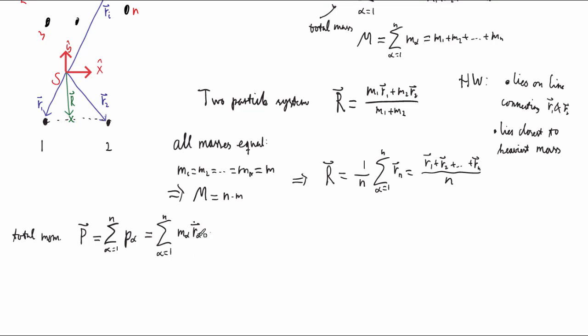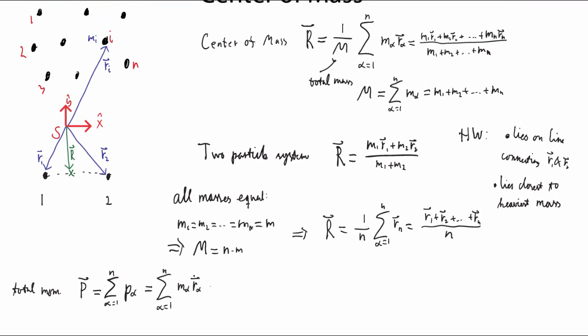Now if you compare this to the expression for the center of mass, you can see that they're almost the same. The only thing that differs is that this has now got a time derivative there, and this has this normalization constant of the total mass.